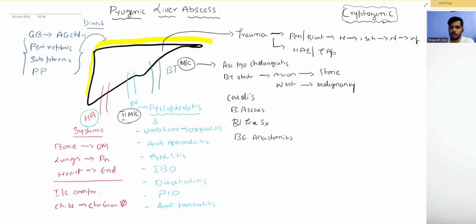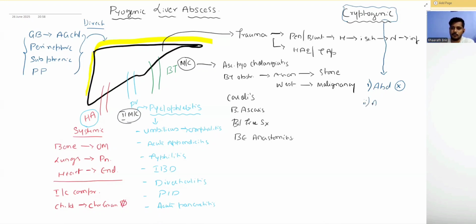So that is called cryptogenic liver abscess. Cryptogenic liver abscess can happen when, number one, you could not find the abdominal cause, because the majority of that is from the biliary tree and the portal vein. So you are expecting an abdominal cause, but you could not find it.